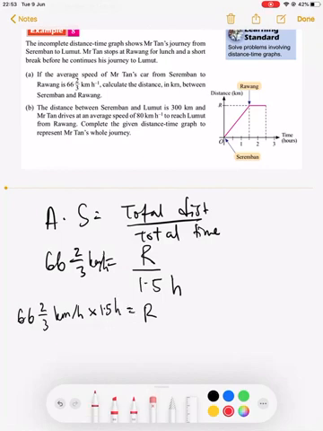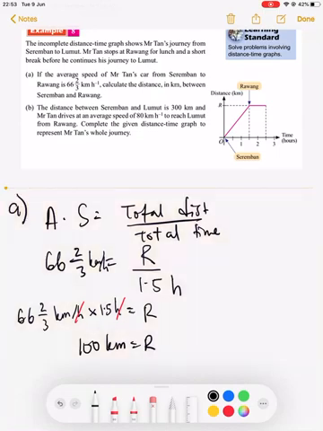The hours we can cancel off. So we have R equals 100 kilometer. So the distance between Seremban and Rawang is 100 kilometer. So that's question A.